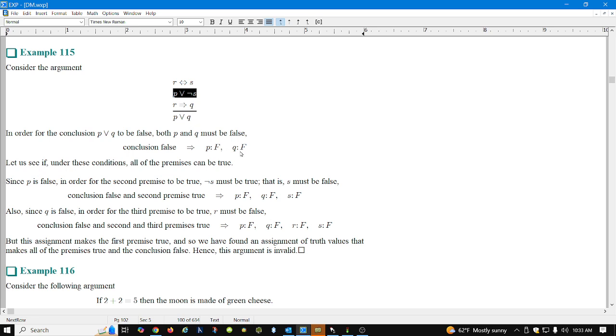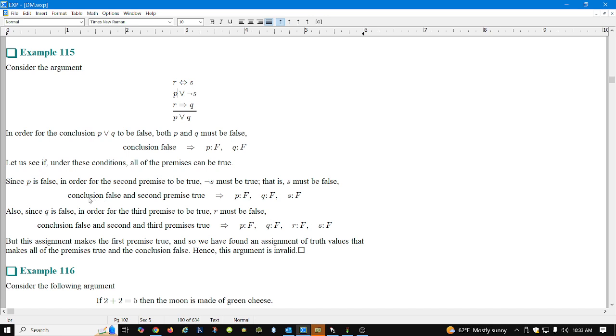This involves P and Q, so we're probably not going to get much headway if we try next, after the conclusion falls, to go to the first premise, because we don't have any information about either R or S. We could have said at this point that R and S have to have the same truth value, but we get more for our money, you might say, by looking at the second premise at this point. The order of the premises doesn't matter, by the way.